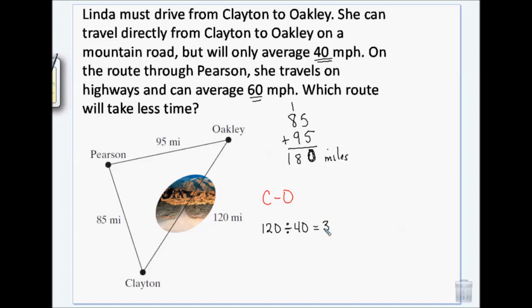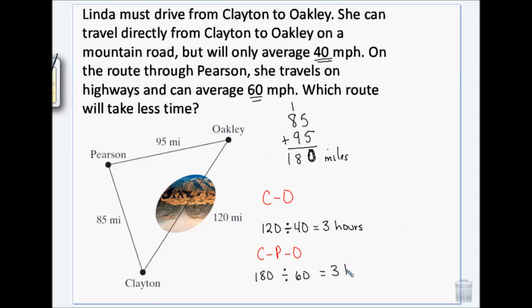It's going to take her 3 hours. Right? Does that make sense? If she goes Clayton to Pearson to Oakley, she's going to go 180 miles at 60 miles per hour.